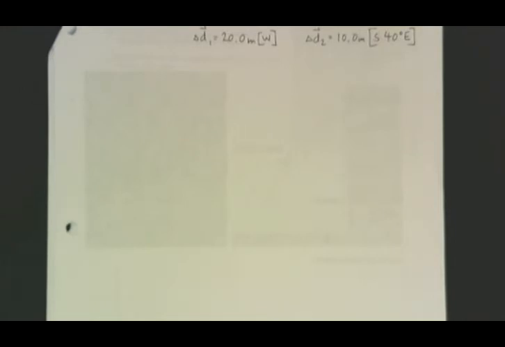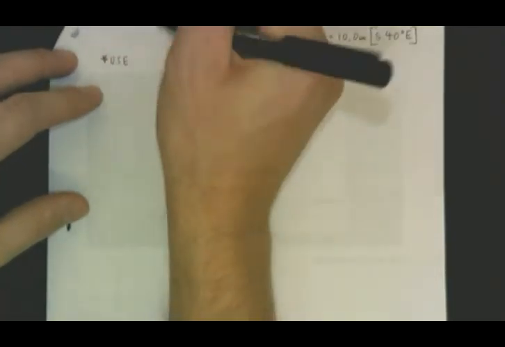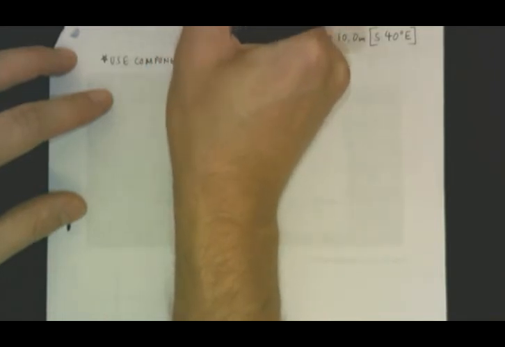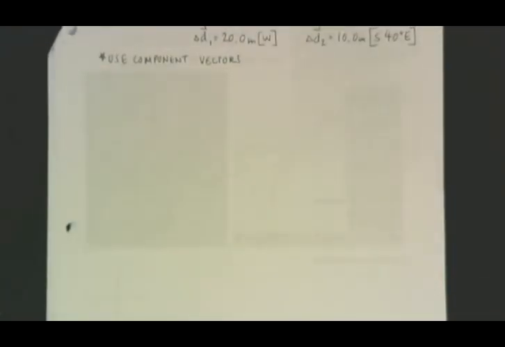Now, since these are non-collinear vectors, we would have to use the tail-to-tip method. But let's practice using component vectors to solve this problem. If we didn't use component vectors, remember that we would have to employ the tail-to-tip method.